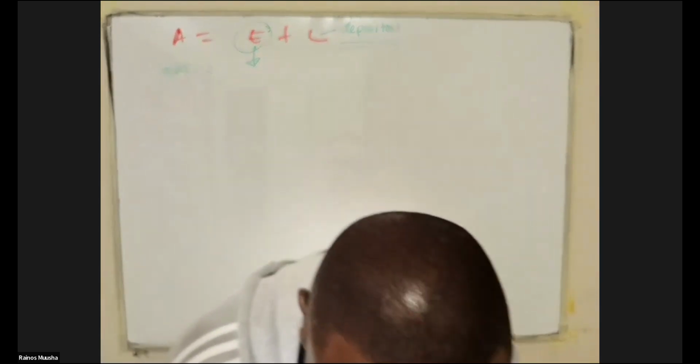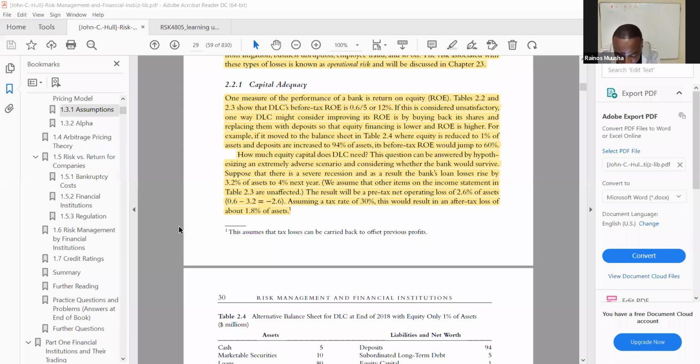on section 2.2.1, they say one measure of the performance of the bank is return on equity. Tables 2.2 and 2.3 show that DLC's before tax return on equity is 0.6 over 5.